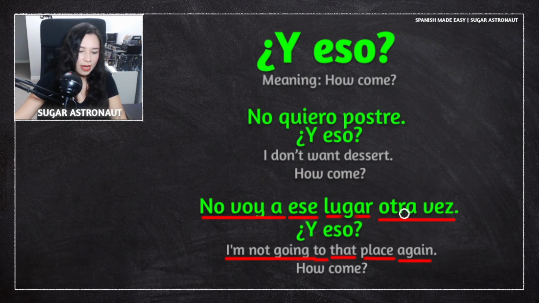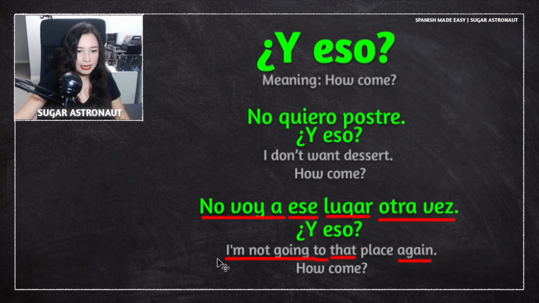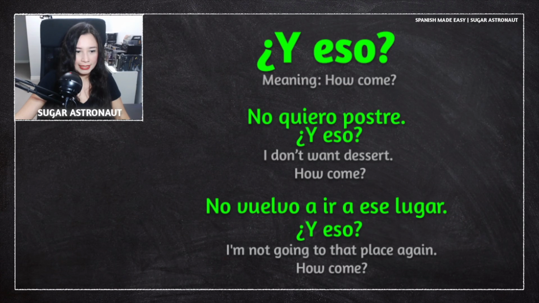Why? What happened? But as I had it before, this sentence is also commonly said, no vuelvo a ir a ese lugar. I'm not going to that place again. ¿Y eso? How come? I'm trying to simplify things. I hope it's simple for you. It can be complicated for sure.